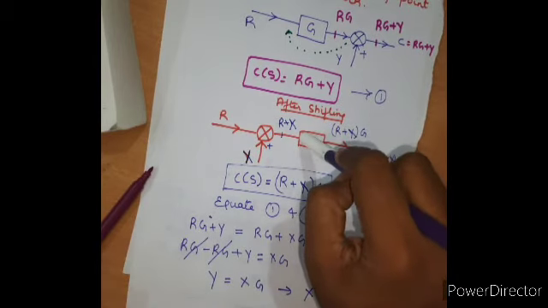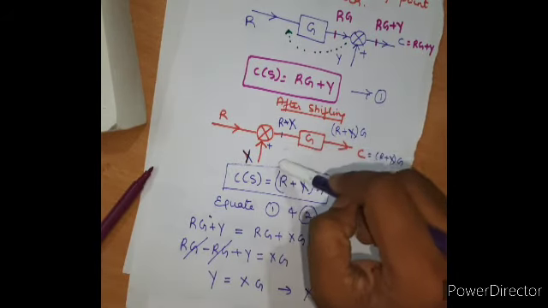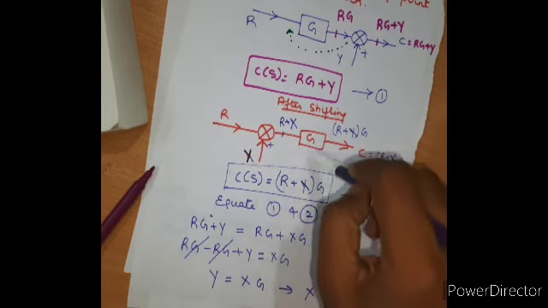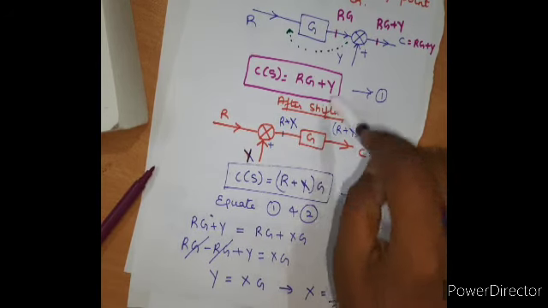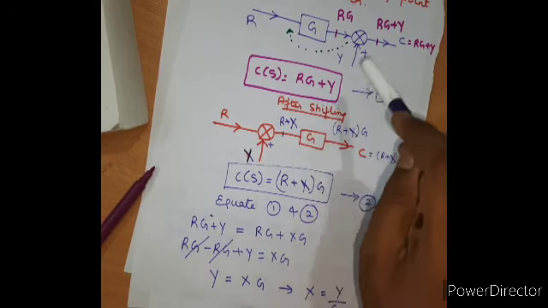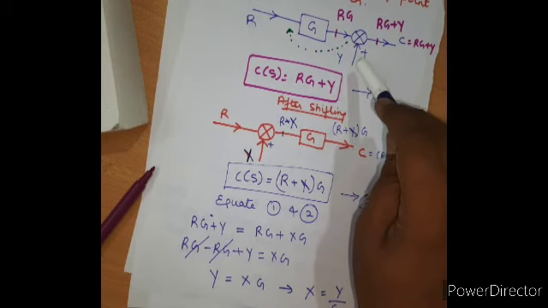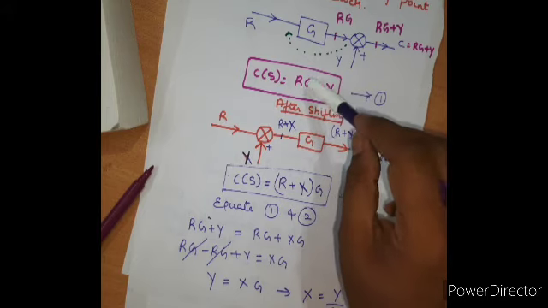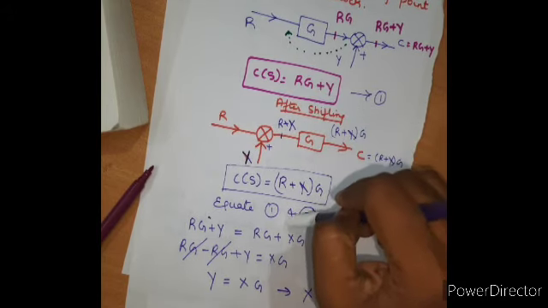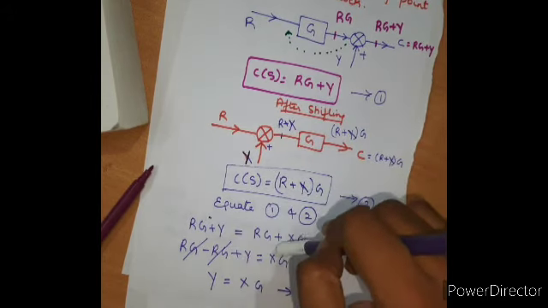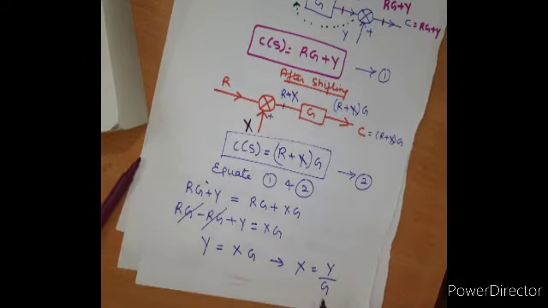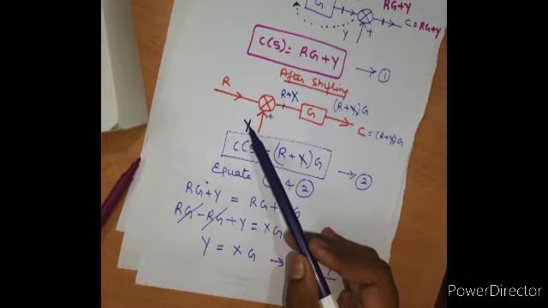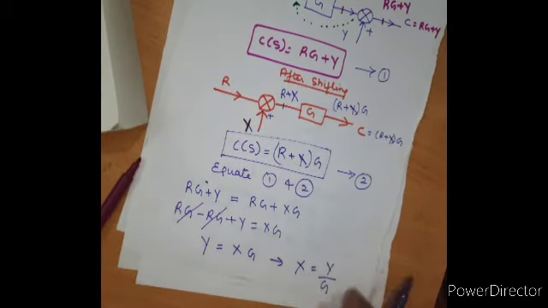Then I have to see the expression, what it is. If the expression is not equal, I have to find out which term I should multiply here in order to retain the output. For that I will equate both the LHS and simplify, and I got that X is equal to Y by G.